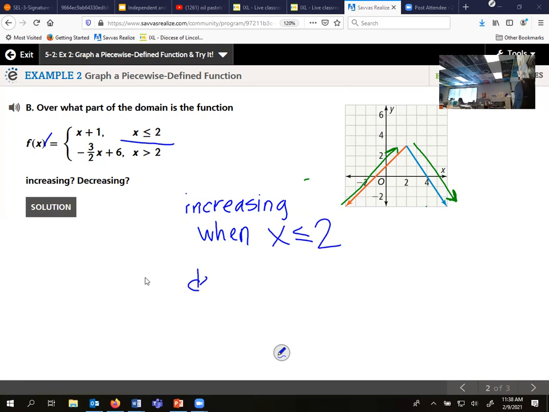And then it's decreasing once x is greater than 2. Once it hits 2, it changes and starts going back down. Here, it's either increasing or decreasing because there's only 2 lines. But there are times where you have more than 2, so you might have a couple that are increasing or a couple that are decreasing.